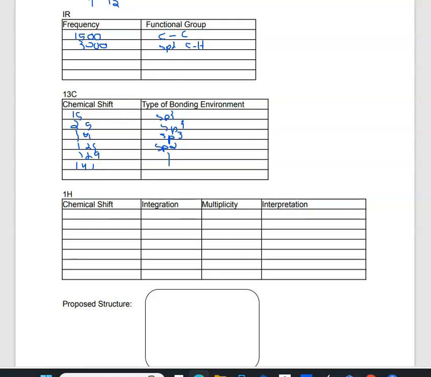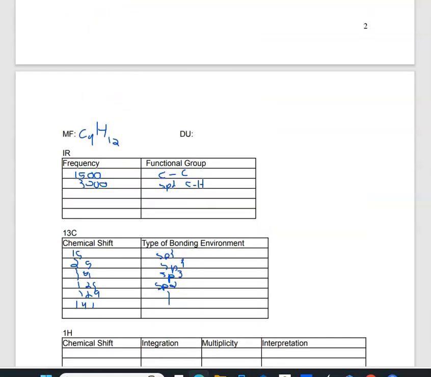So moving into the degrees of unsaturation. A C9H12 alkane, if completely saturated, can have 20 hydrogens, and on this we only have 12.